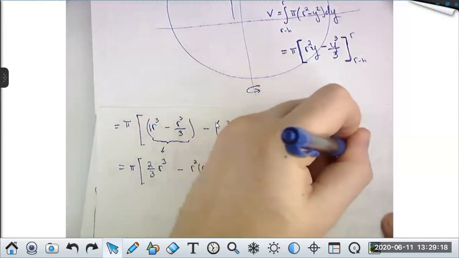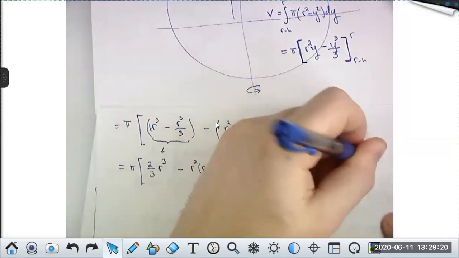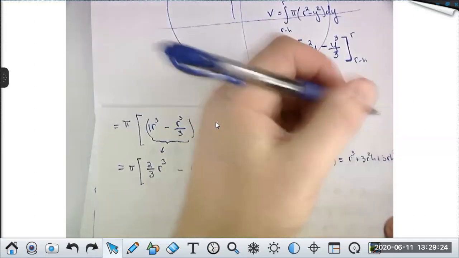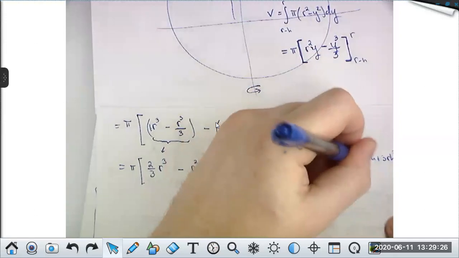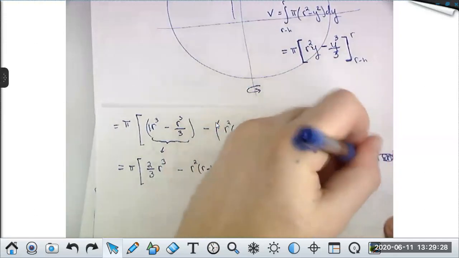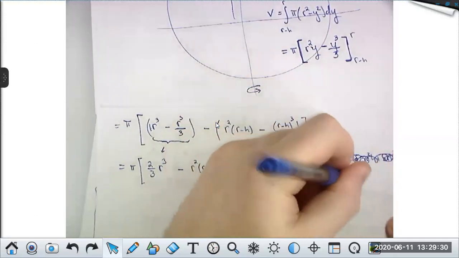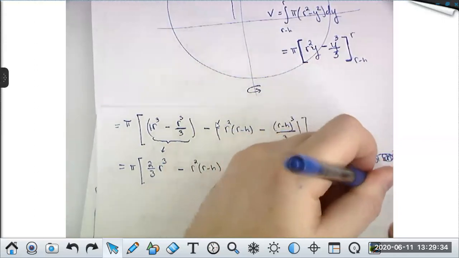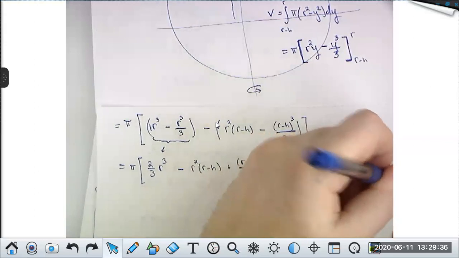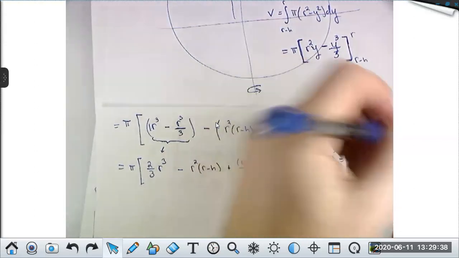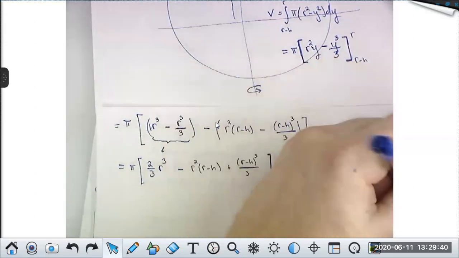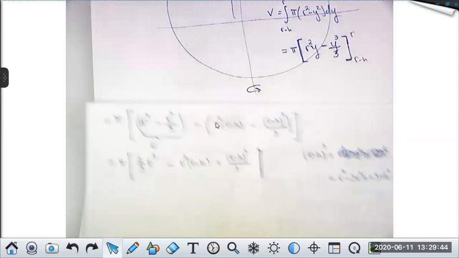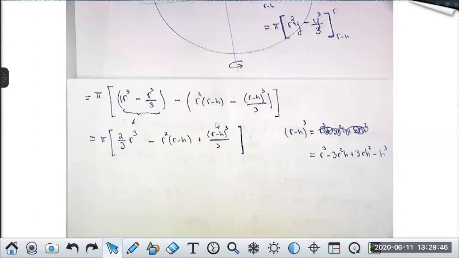It's R cubed plus 3R squared h, minus 3R h squared, minus h cubed, and you can FOIL it all out.